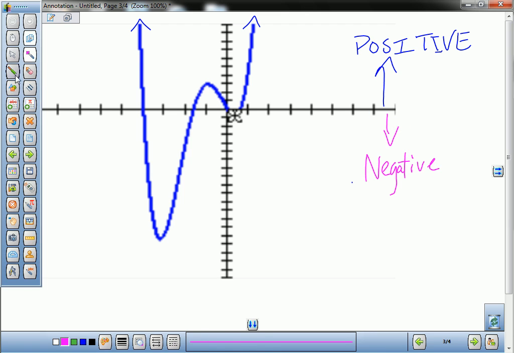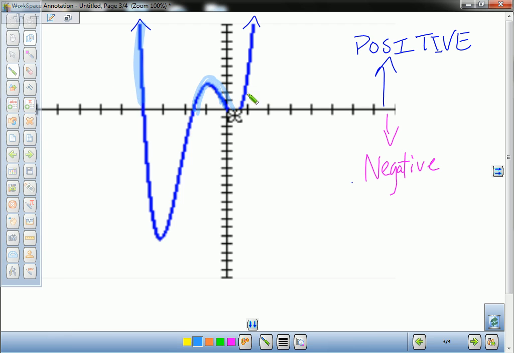So if I ask you where this function is positive, it is positive over here because that's where it's above. It is positive from here to here because that's where it's above. And it is positive from there to there. And then where is it negative? It is negative down here, from here to here, and it is negative from here to here. That's where it's negative.